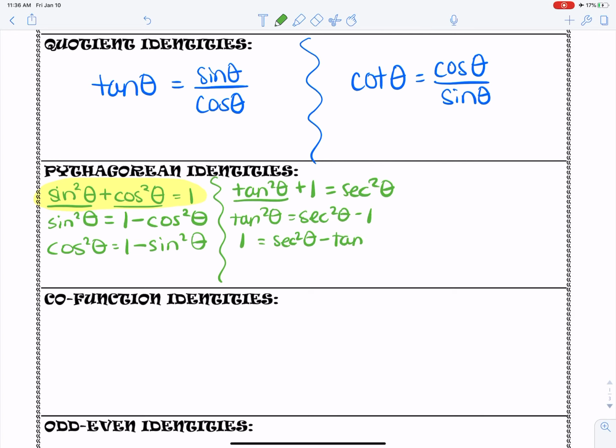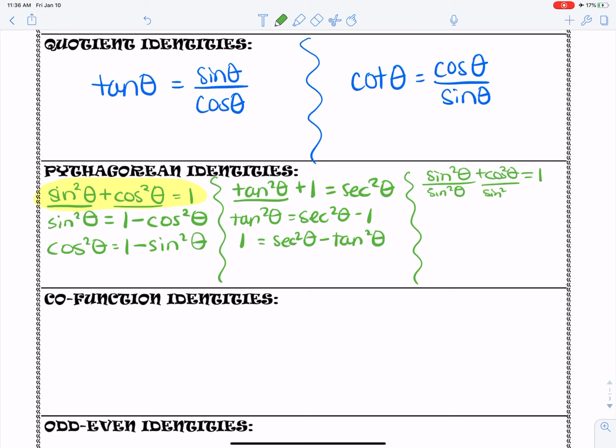Minus tangent squared theta. And then our last one, if we did the same, starting with the sine squared theta plus cosine squared theta equals 1 identity, this time instead of dividing by cosine, we divide everything by sine.